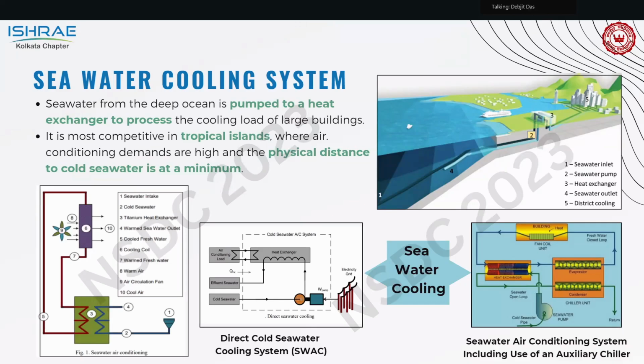Apart from that, you also have more energy inputs, so you have to waste energy on it. This seawater cooling system has a seawater intake, and the seawater is passed through a heat exchanger. The other side of the heat exchanger is the warm refrigerant, so you can cool down the refrigerant from there.